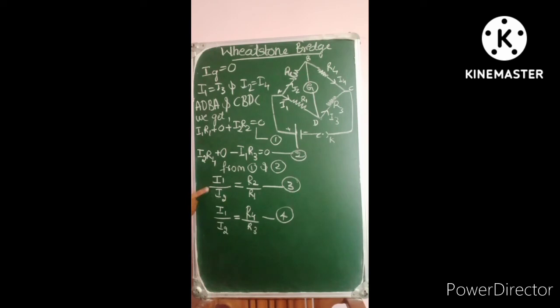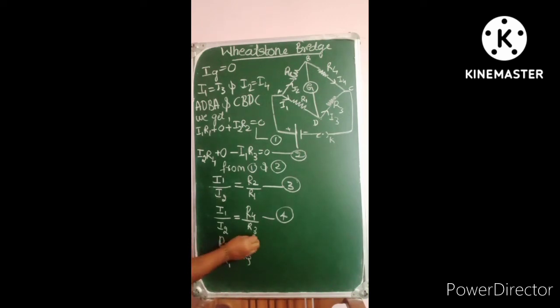Now compare equation 3 and equation 4. The left hand sides are equal, so we can write R2 divided by R1 equals R4 divided by R3.